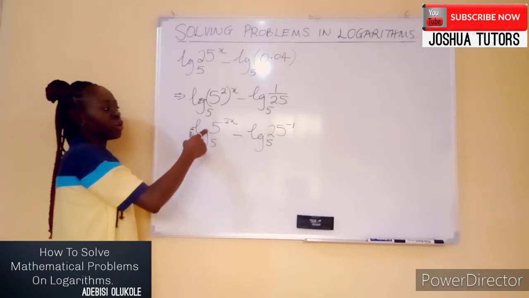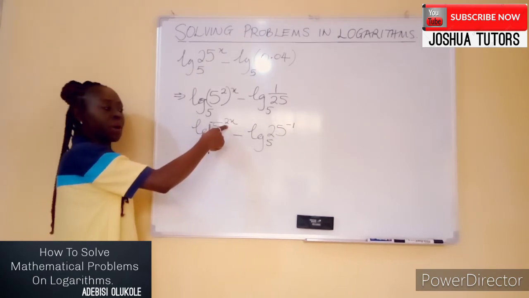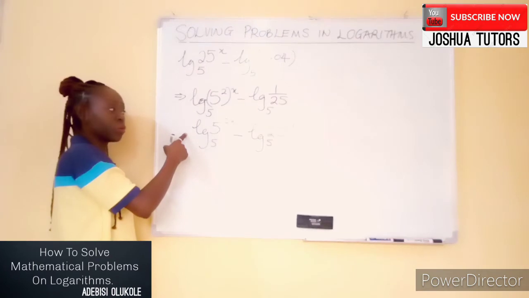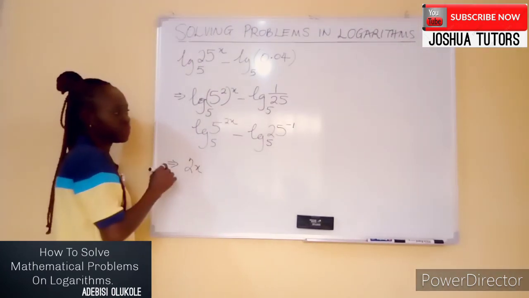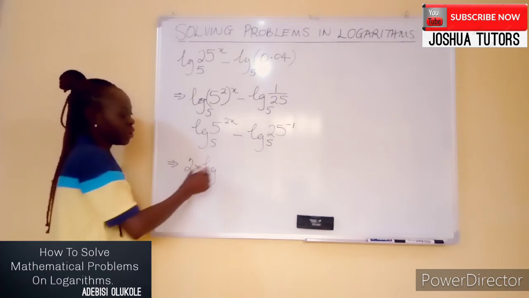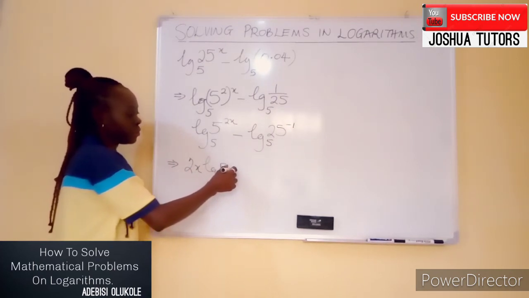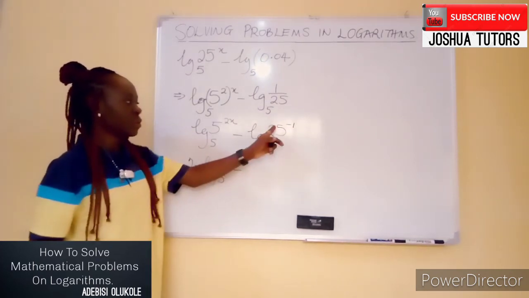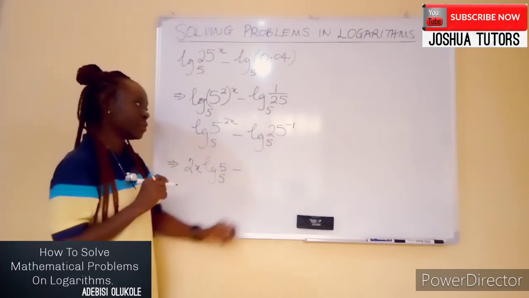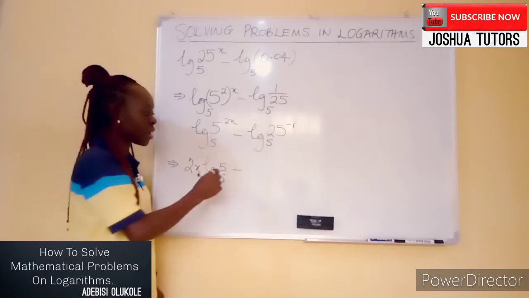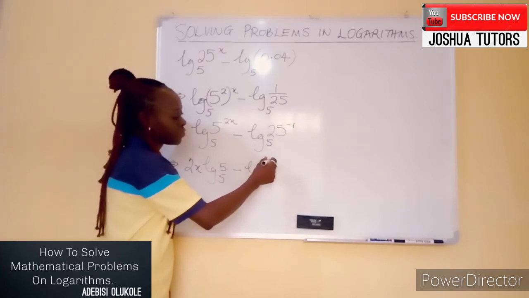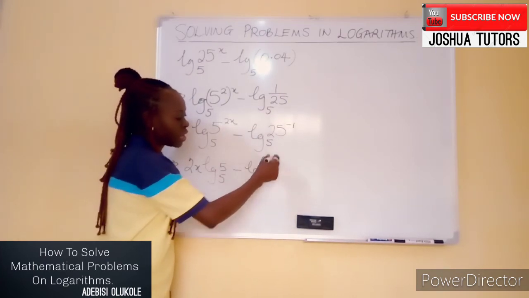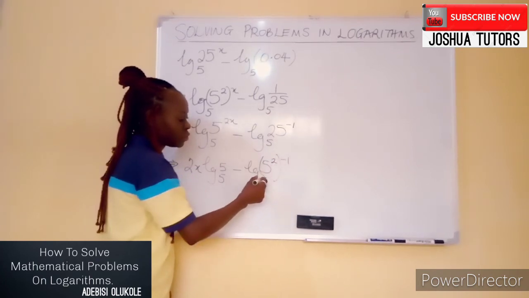Now, this is a logarithm of a number raised to a power. That power becomes the coefficient of the logarithm. Remember the law of logarithm? So I have 2x log 5 to base 5, minus, 25 is 5 squared. I'm reducing it to the power of its base. So I have minus log of 5 squared, originally raised to the power of minus 1 to base 5.